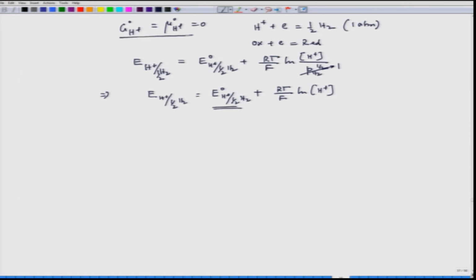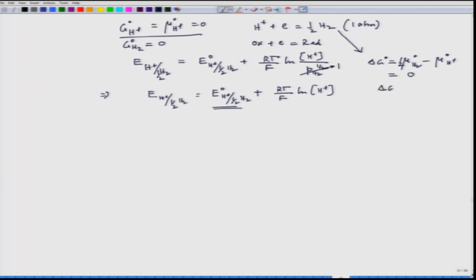The convention is 1 atmosphere pressure and 25 degrees Celsius, so both quantities are 0, and for this reaction the free energy change delta G0 would be mu half H2 minus mu0 H+ equal to 0.